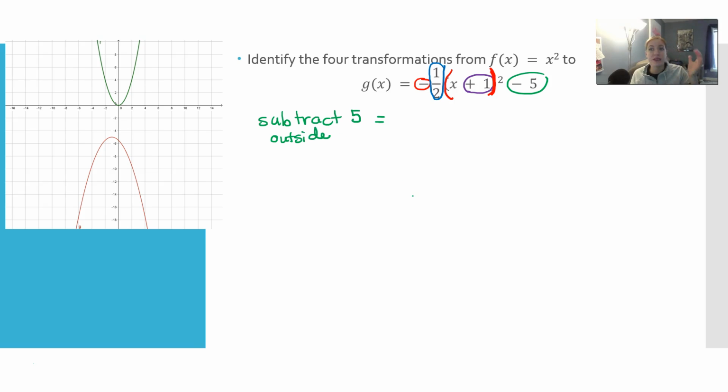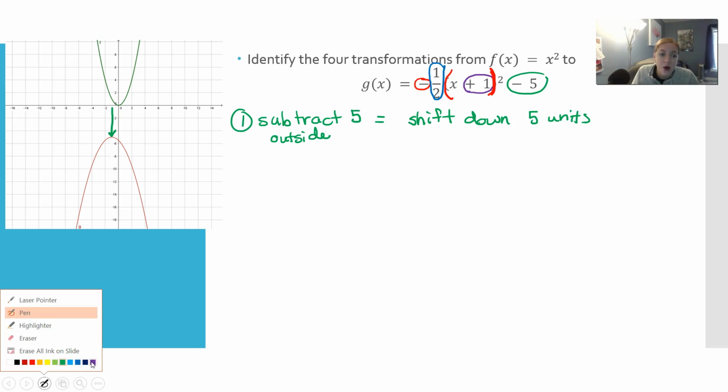And when you have a number being subtracted or added outside of your function, that's going to indicate you're either going up or down. Since we're subtracting, that means we're going down. And if we look at our graph, it's reassuring us because that original green function has shifted down 5 units. So shift down 5 units. That's our first transformation that we've come up with.